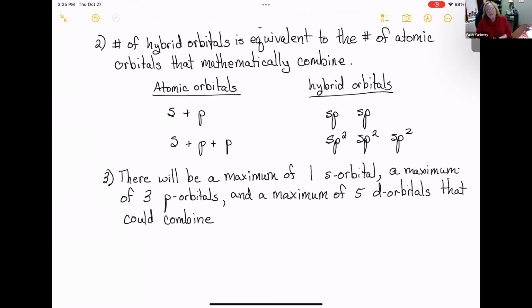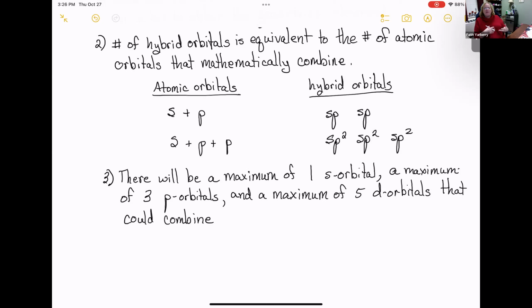That means that you could have a -1, a 0, or a 1 for the m sub L. Therefore, you could have 3 orbitals. And then for D, you could have a maximum of 5 orbitals. So this is coming back down to our quantum numbers as to the maximum that we could combine.